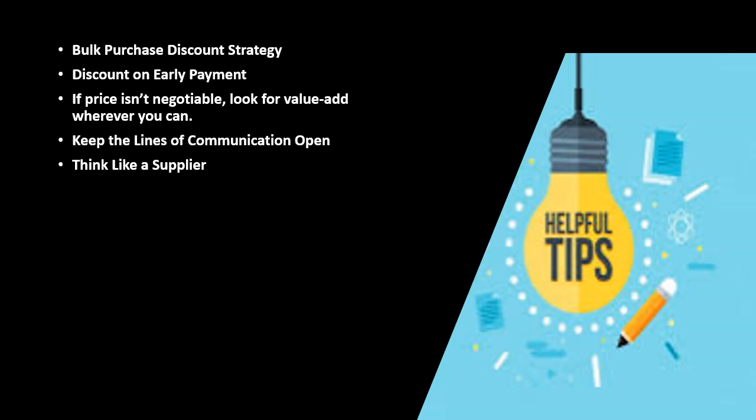Bulk purchase discount strategy says, suppose an organization X has different plants at different locations. You have to communicate to each and every plant about their requirements. Suppose you want printers: in the Noida plant there is X number of requirement, in the Pune plant there is X number of requirement, and in the Chhattisgarh plant there is a different number of requirements.